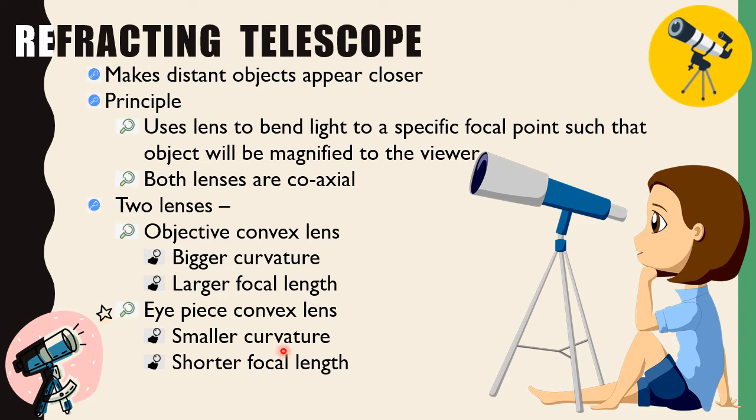Both the lenses are fitted inside a metallic tube in such a way that the distance between them can be changed. The principal axis of both these lenses are along the same straight line, so we say the lenses are coaxial. Generally, using the same objective but different eyepieces, different magnification can be obtained.